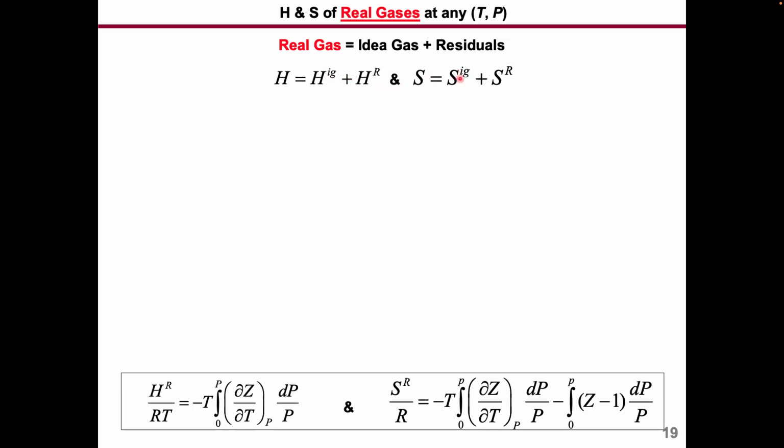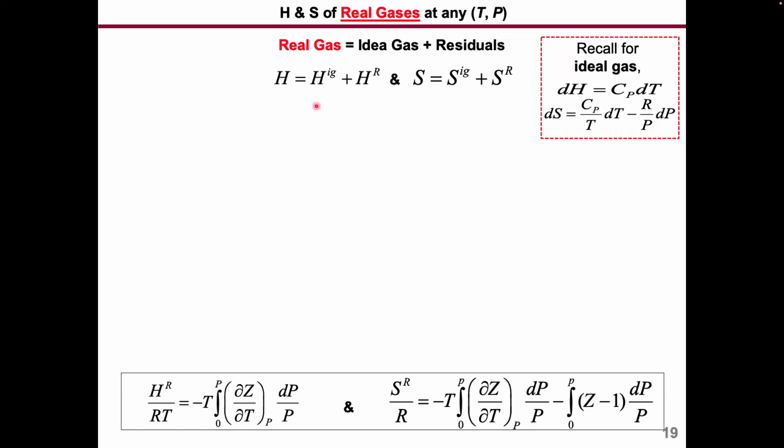S is equal to S ideal gas plus some residue property. From the previous slide, we already know how to calculate residue H using this equation and residue S with this whole equation. We just need to take the integral. But now the temperature is fixed, then you can calculate the ideal enthalpy.